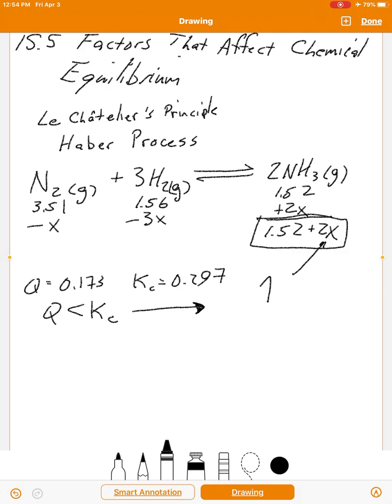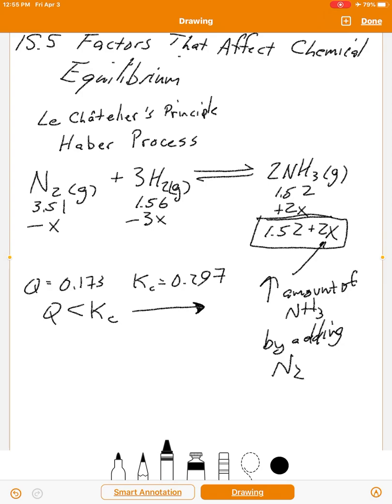So what we've done is we've increased the amount of ammonia by adding N2. And that is Le Chatelier's principle. Le Chatelier's principle says that if you're in a system that's at equilibrium, and the initial case we were at equilibrium, where the concentration of N2 was 2.05 molar, by adding more N2, we've taken the system out of equilibrium.